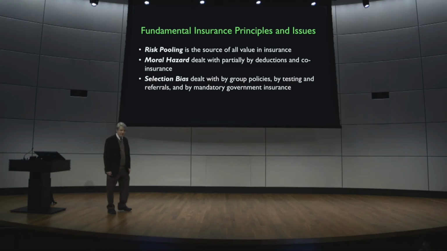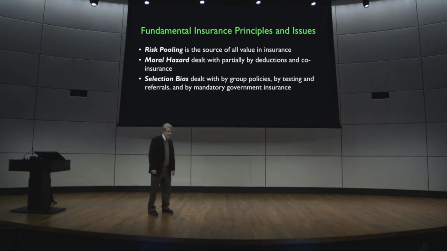So for example, if your house is insured against fire, you may say, I don't care, I'll be careless with fire because it's insured. So then the risk goes up. Or even worse, if the insurance company insures your house for more than you think you can sell it, you would say, I'll just burn it down, I'll pretend it was an accident. And then I'll get more money than I would have for selling the house.